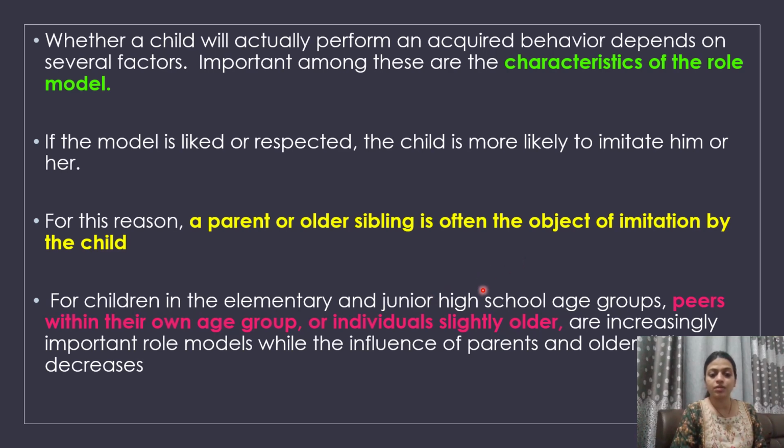So we ask a parent or older sibling in the modeling process. For children in elementary and junior high school, the peers within their own age group or individuals slightly older are increasingly important role models, while the influence of the parents usually decreases, okay, gradually.